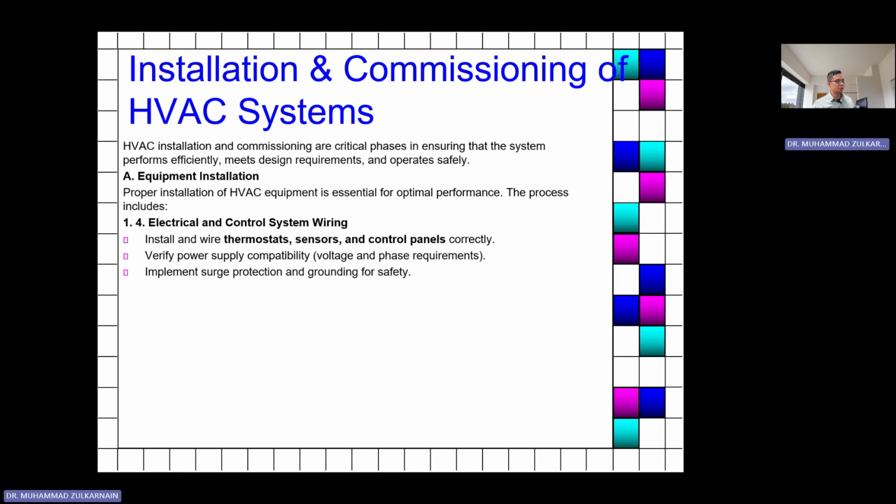And then we also provide the readings during the operation. Maybe a sensor, maybe a thermostat, a control panel, anything will be put in as a controlling system.